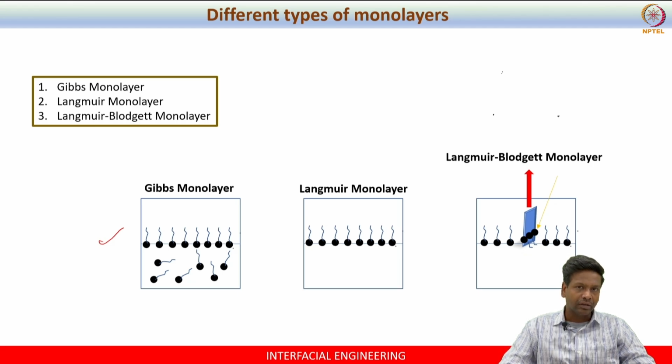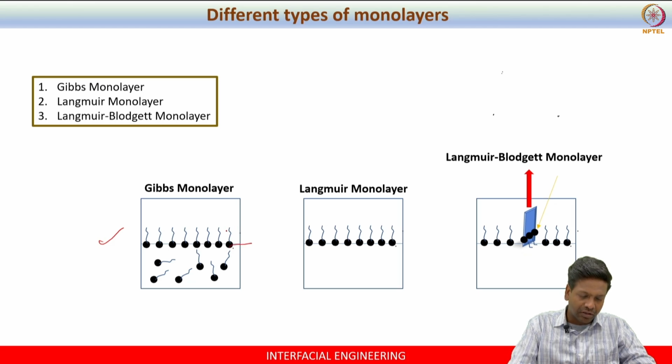At some point the molecules reach the saturation level, which means that any further addition will result in the formation of micelles. This concept we have seen in the previous lecture. So the monolayer obtained from this process is nothing but the Gibbs monolayer.